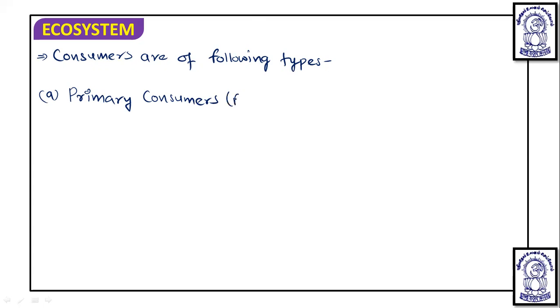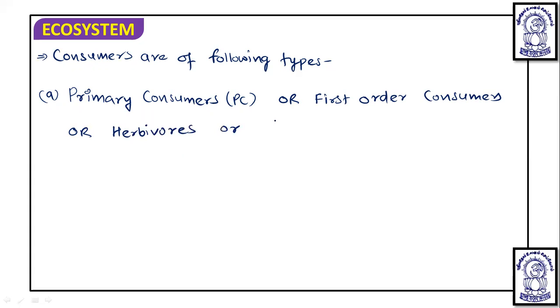These primary consumers are also known as first order consumers, or herbivores, or key industry animals. They are dependent on the producers.